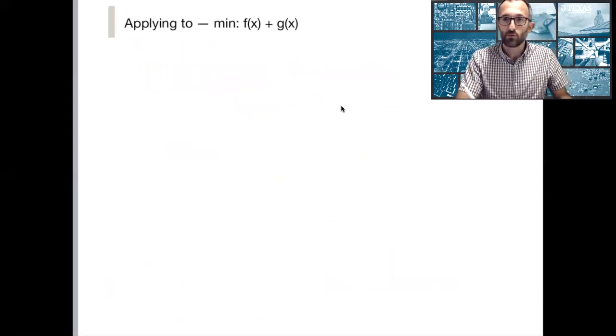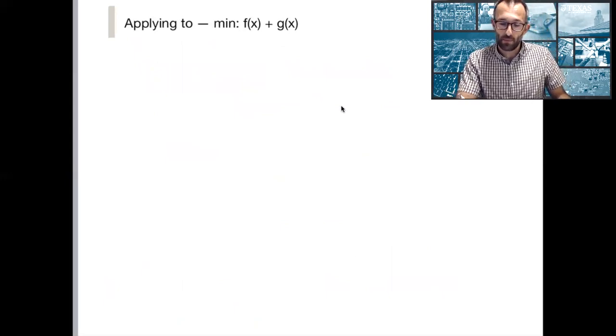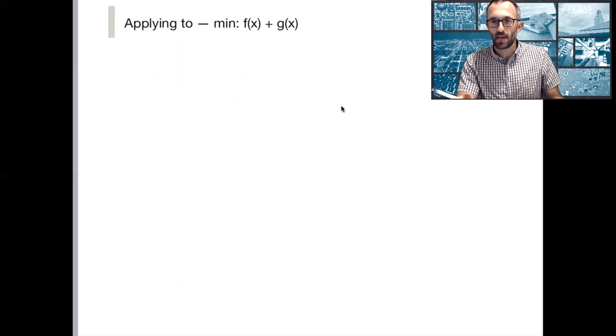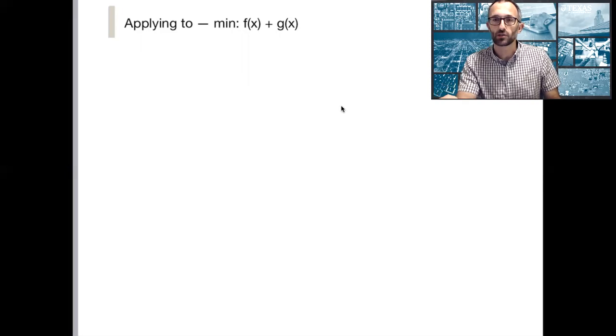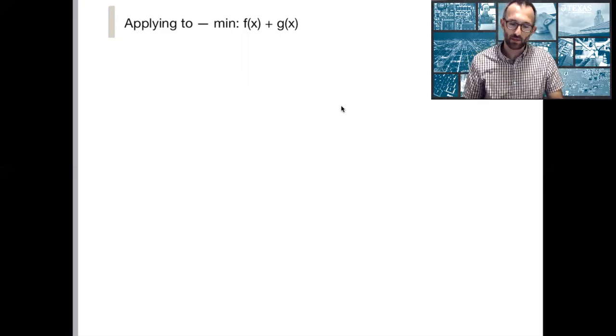So let's apply it to minimizing this composite function f of x plus g of x, where we'll assume that f and g are both closed convex functions, and therefore that guarantees us that their subdifferentials are each maximally monotone operators. And let's see what Douglas-Rachford tells us.